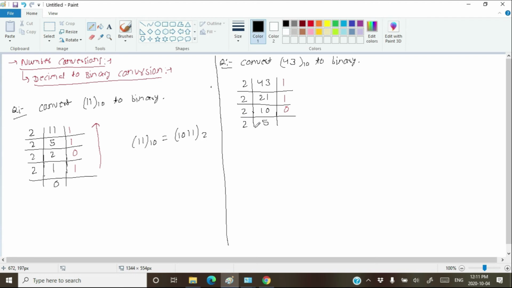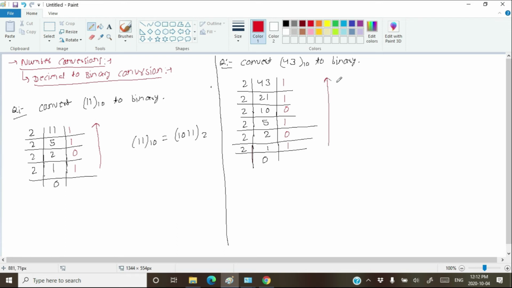Then you divide 5 by 2, you will get 2 as the quotient and 1 as the remainder. Then you divide 2 by 2, you will get 1 as the quotient and 0 as the remainder. When you divide 1 by 2, you will get 0 as the quotient and 1 as the remainder.